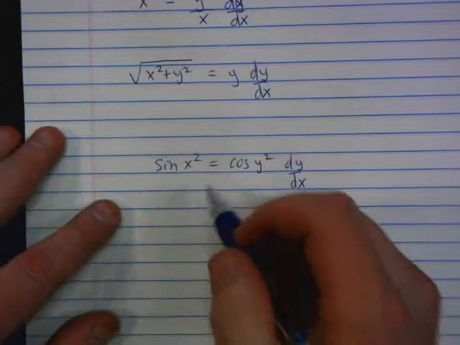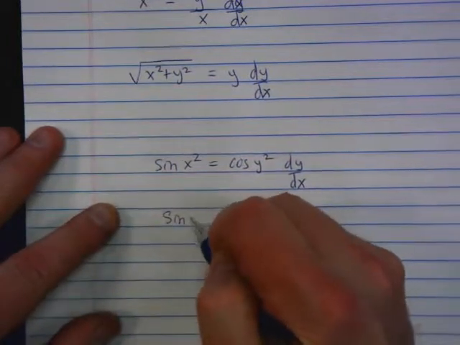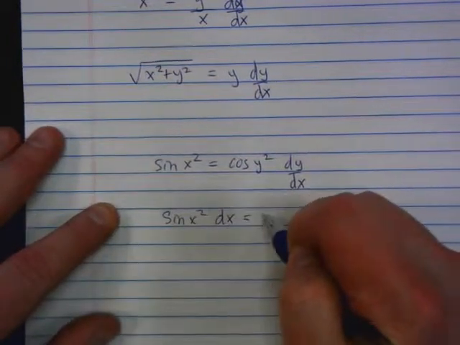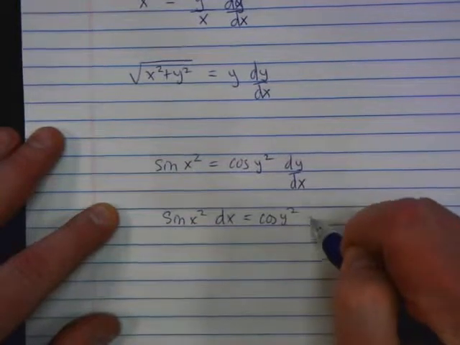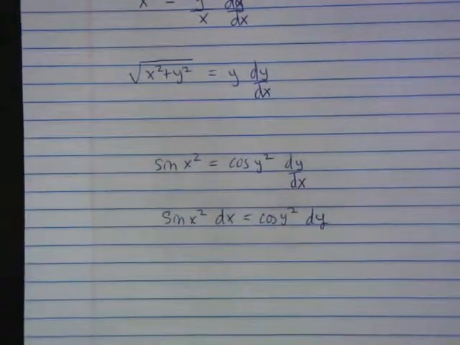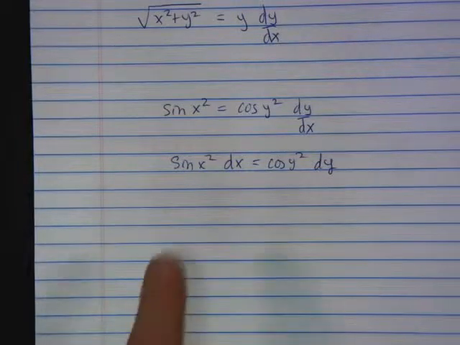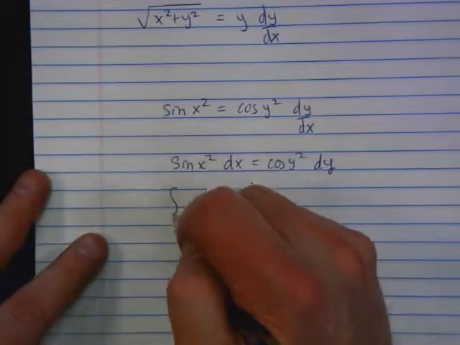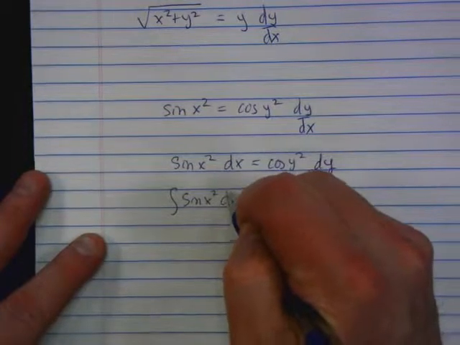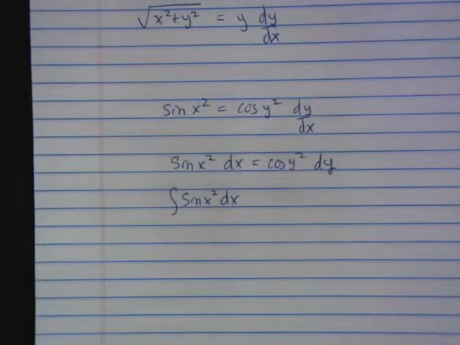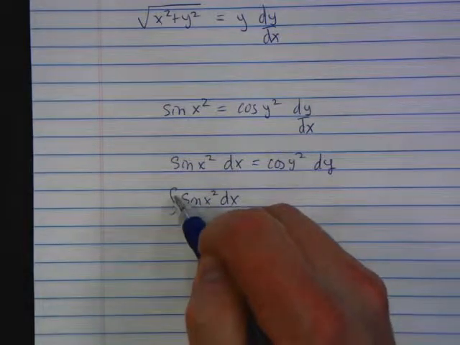Well, I would point out first that that equation is separable. However, I still can't solve it, because I can't integrate that. If I had an x sitting out here, I could integrate it.